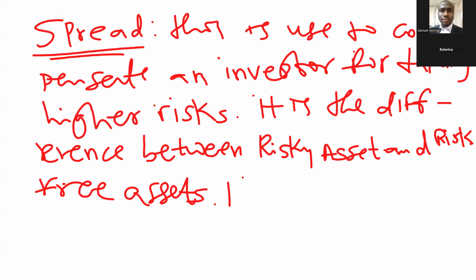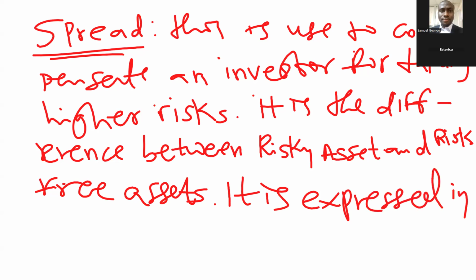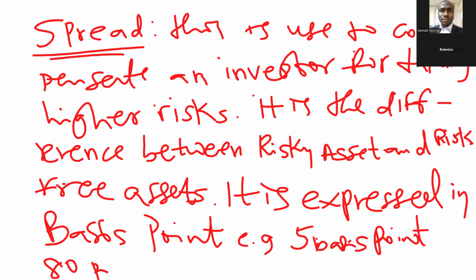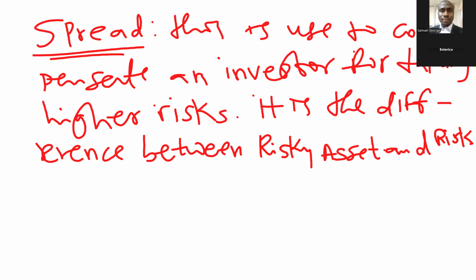And it is expressed in basis points. So when you see basis points, for example 50 basis points or 80 basis points, anytime you see basis points, divide the figure by 100.